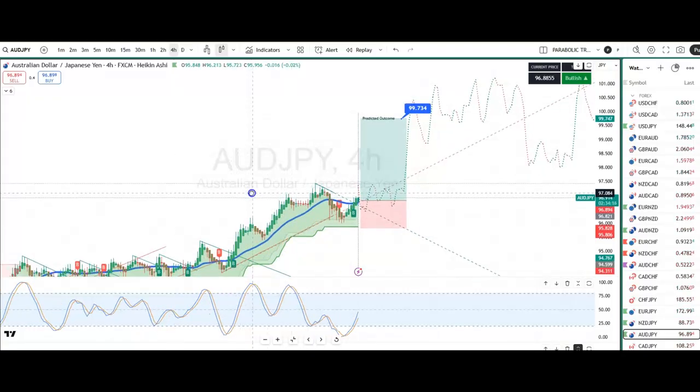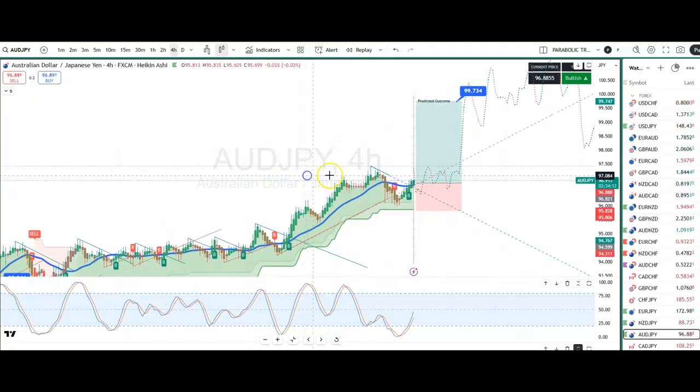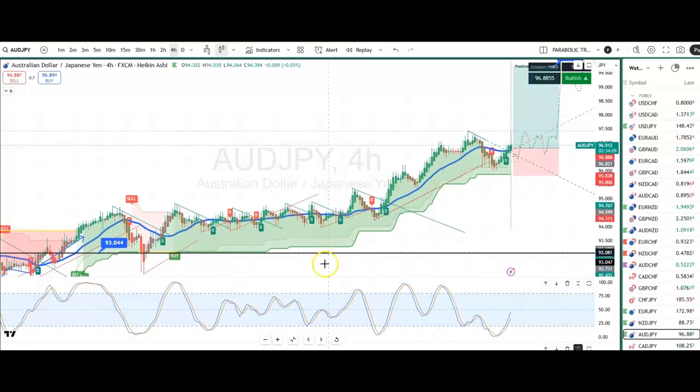All the yens look like they want to continue. 99.73 is the maximum you're going to squeeze out of this one, but it's a fantastic move, 292 pips. Look out for these opportunities within the Advanced Pro charts because there's lots of them.